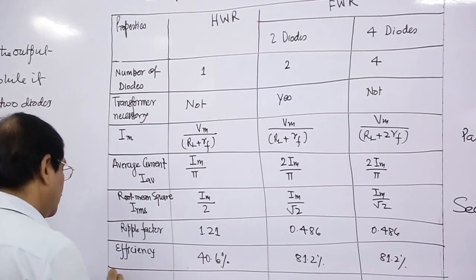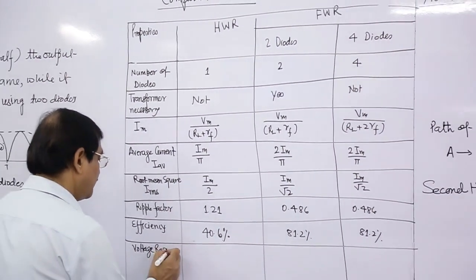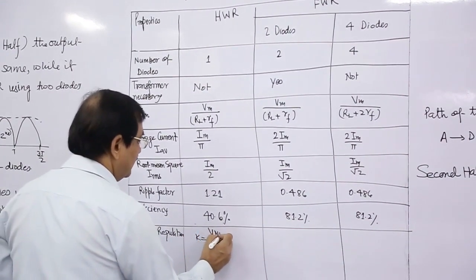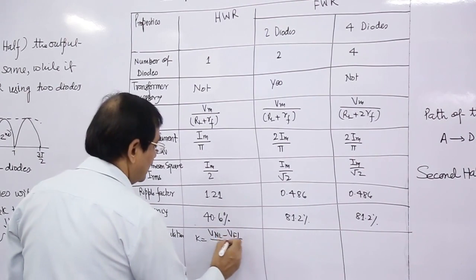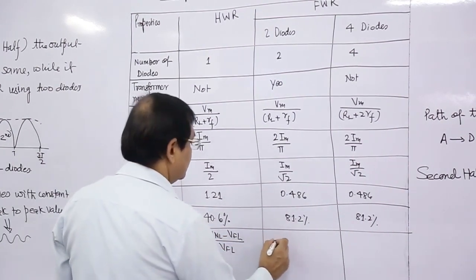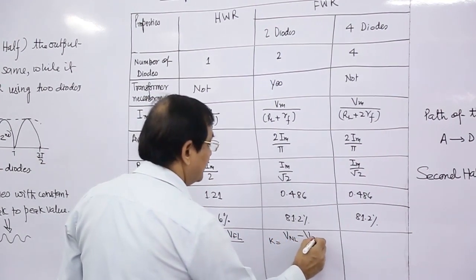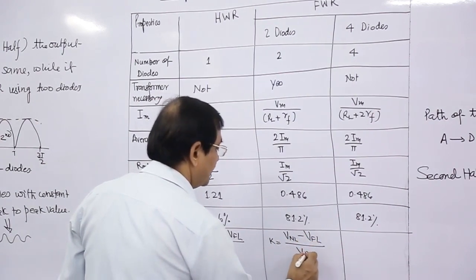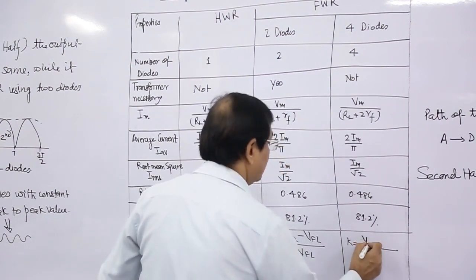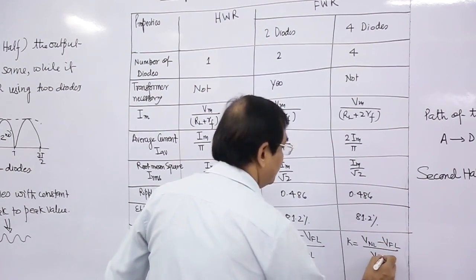Then voltage regulation, that is K, VNL minus VFL upon VFL. Here it is the same.